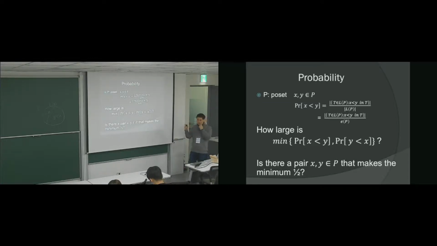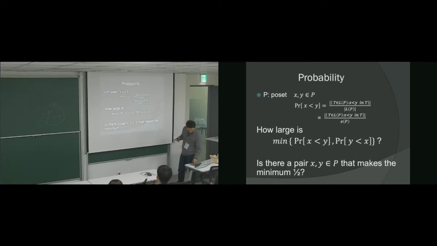So the minimum is important because it splits the linear extensions. We are interested in the probability of X less than Y and the probability of Y less than X, the minimum of these. For example, can you find a pair X, Y so that this minimum is half? Can you?